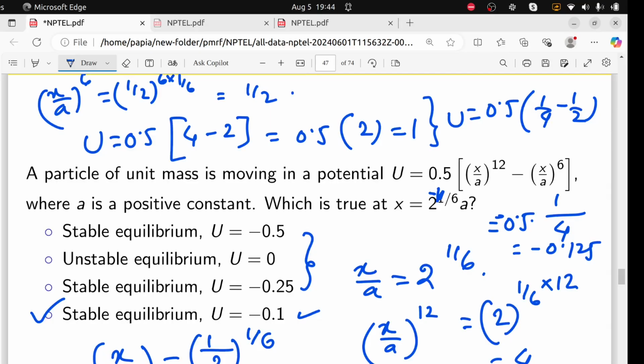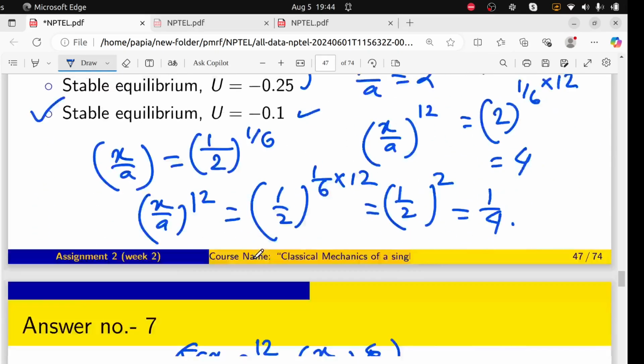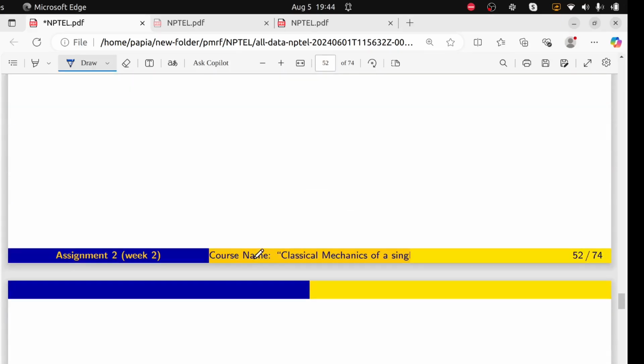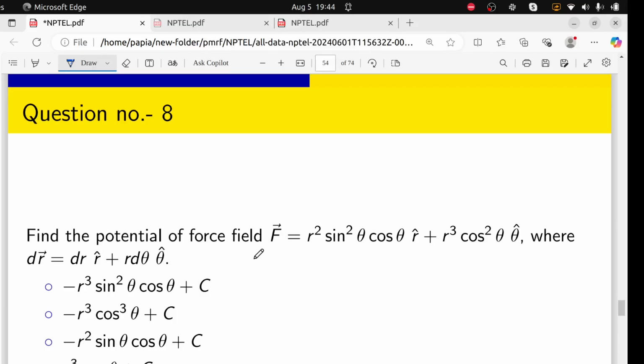You can see, if I just calculate the value of x by a to the power 12 minus x by a to the power 6, the u will be 0.5 into 1 by 4 minus 1 by 2, and it is coming as minus 0.125. So it is very near to minus 0.1, so the answer will be stable equilibrium at u equals to minus 0.1. You do not need to calculate the stable and unstable points because the different values are different.